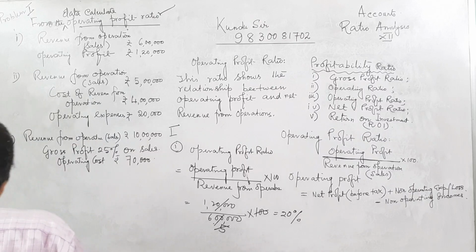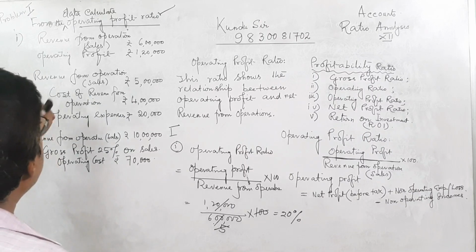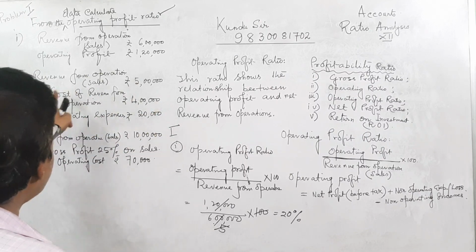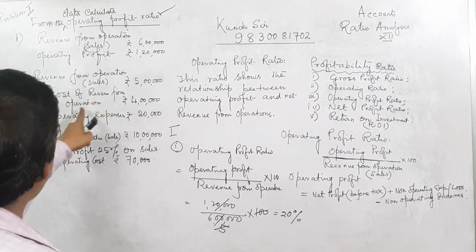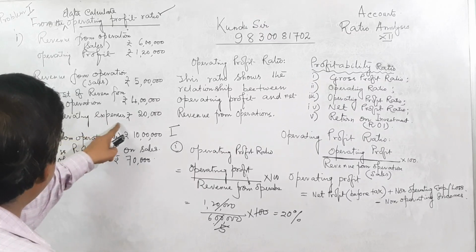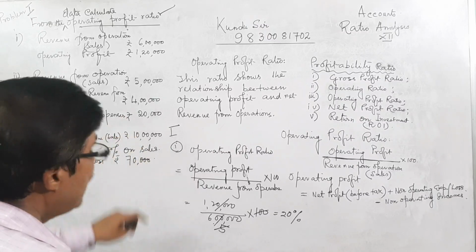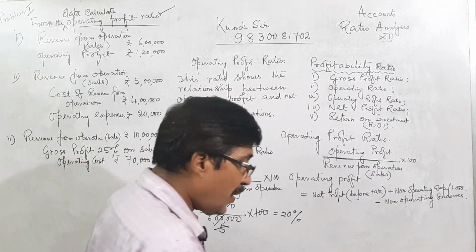Now I am going to Roman 2. In Roman 2, revenue from operation, cost of revenue from operation, and operating expenses are given.